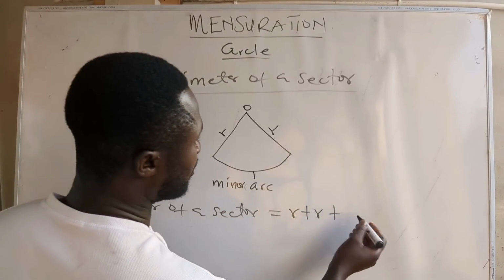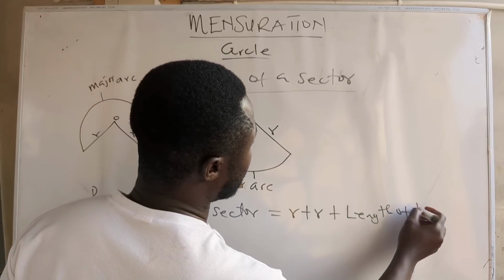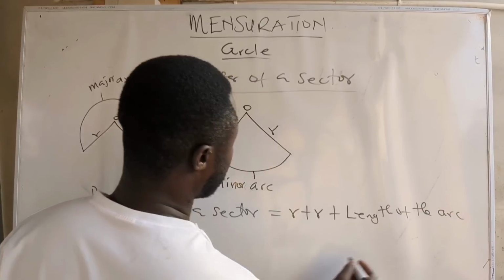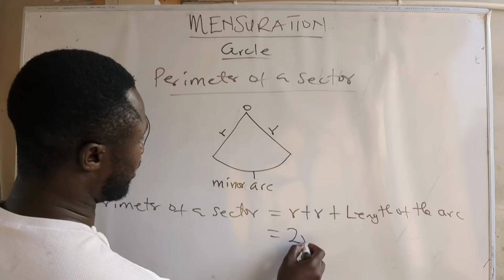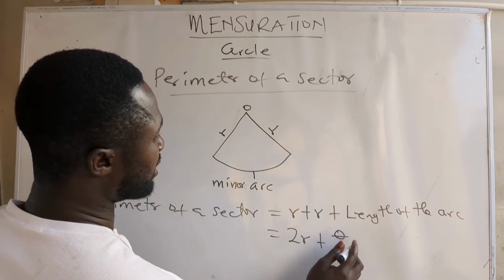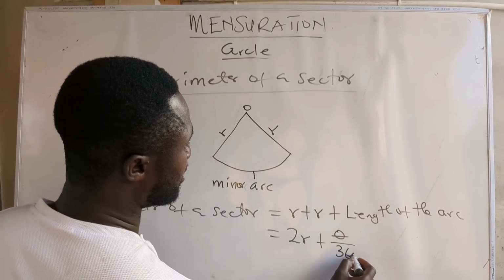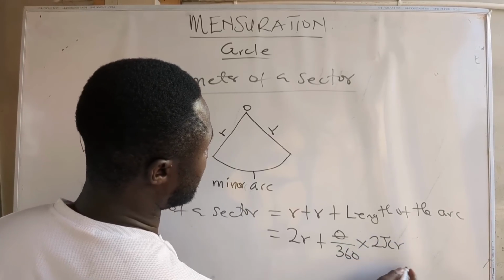So r plus r will give us 2r. What is the length of the arc? The angle the arc subtends at the center divided by 360 times 2 pi r.